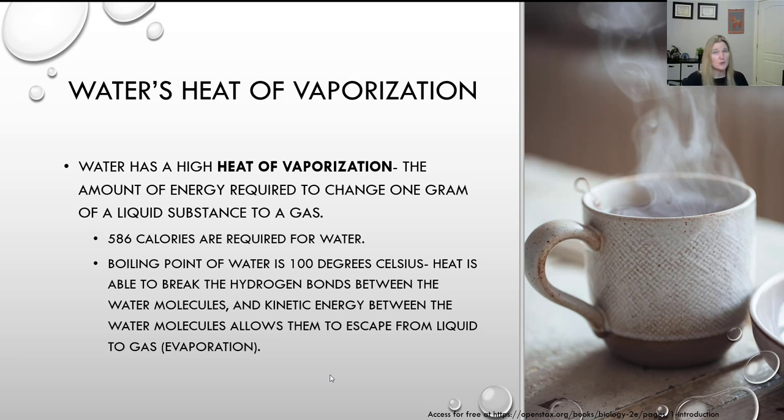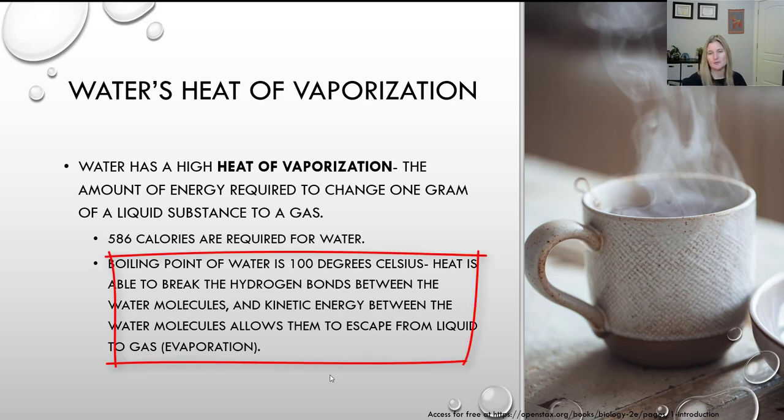Some of you already know that the boiling point of water is 100 degrees Celsius, the freezing point being 0 degrees Celsius. So at 100 degrees Celsius, that amount of heat is able to break those hydrogen bonds between the water molecules.